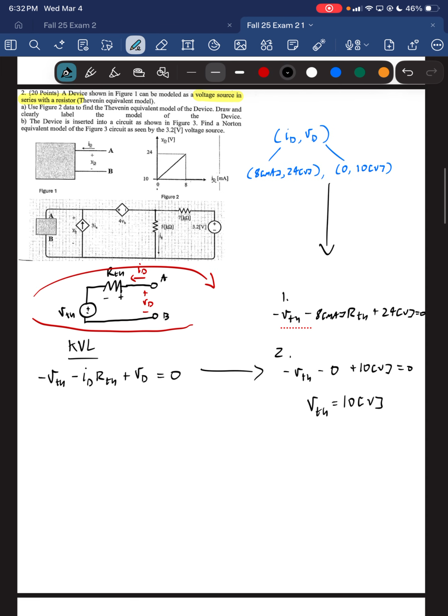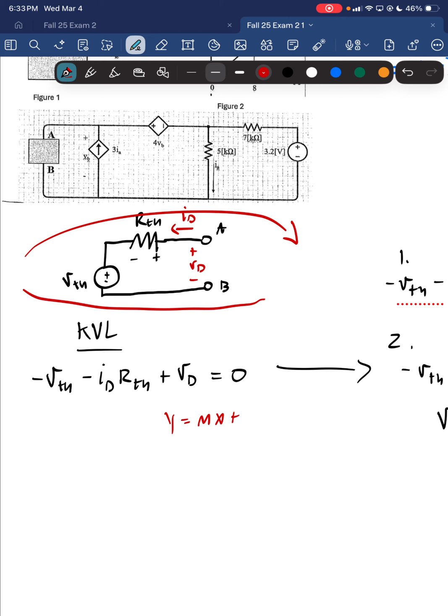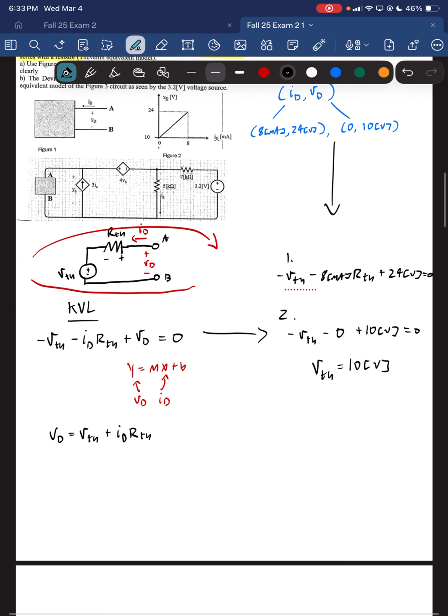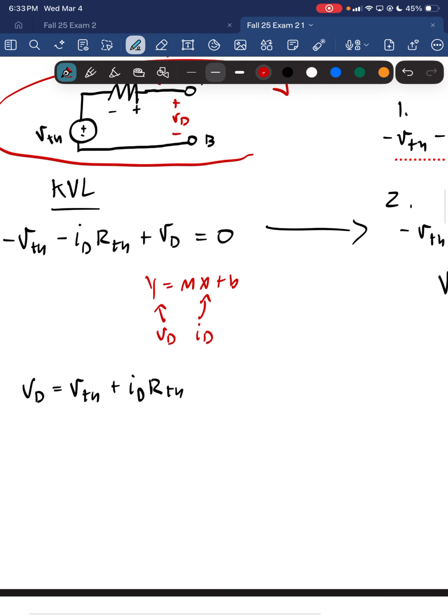Because we know the equation of a line is y equals mx plus b, right? Well, here y is our VD, that's the vertical axis that we're given, and our x is ID. And so if we were to take this equation and solve for VD, we get VD is equal to V Thevenin plus ID times R Thevenin, right? So this is our independent variable, x.